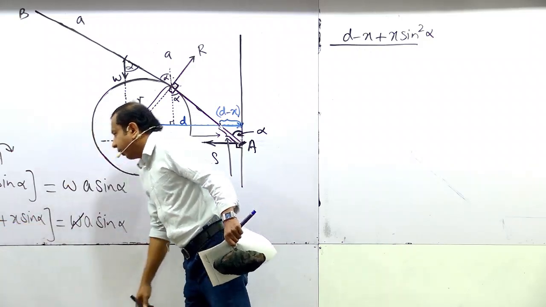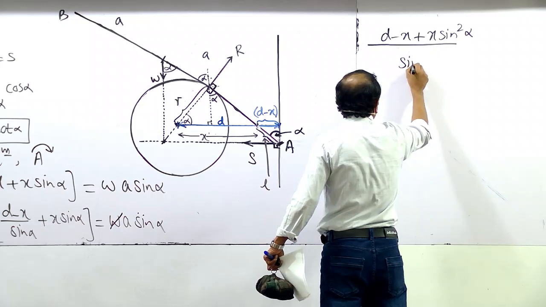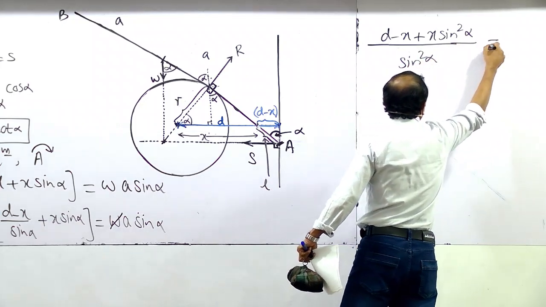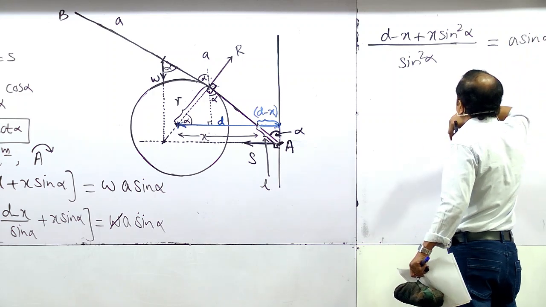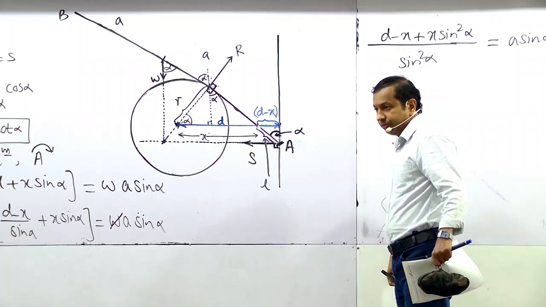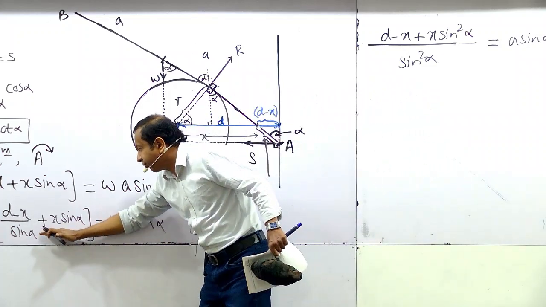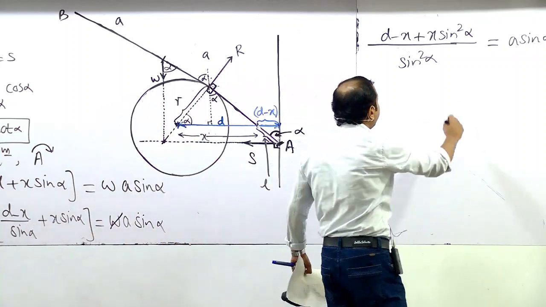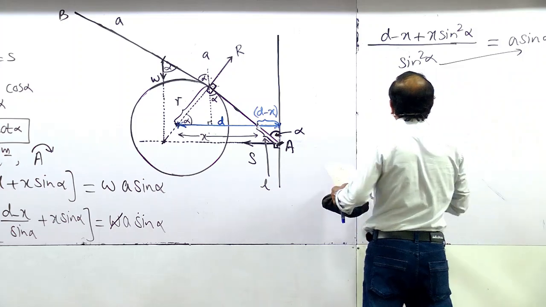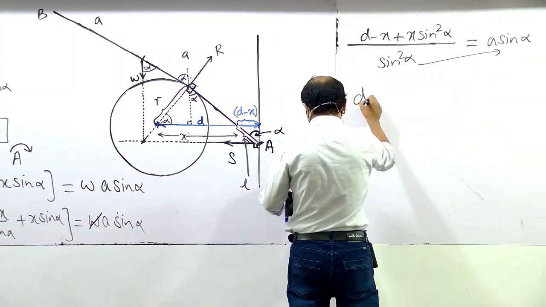Another sin alpha here we have. Then they took the sin squared alpha equals a sin alpha. Right. I think I am correct. Here, after taking common denominator, we have sin alpha. This sin alpha also, I have sin squared alpha. Now by that we multiply this way. d.